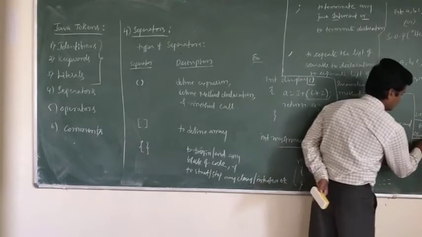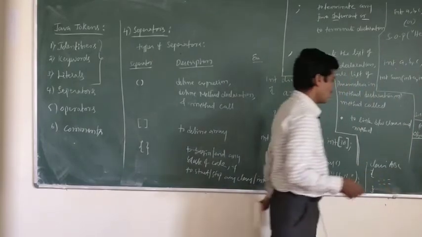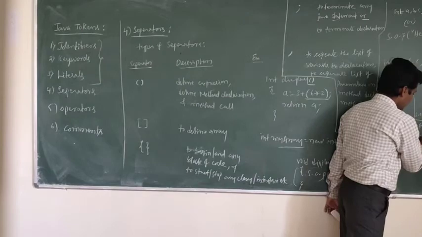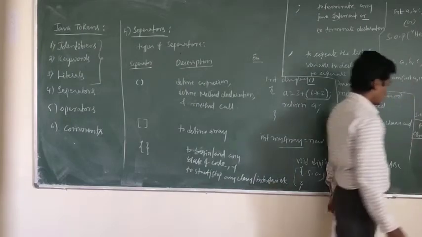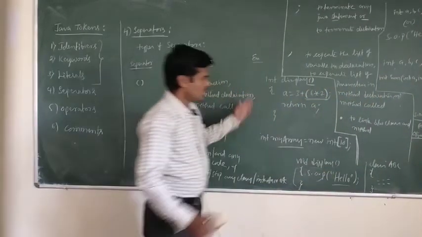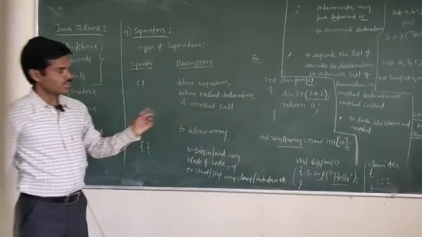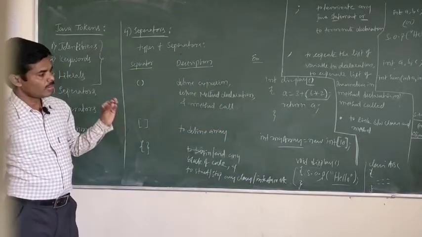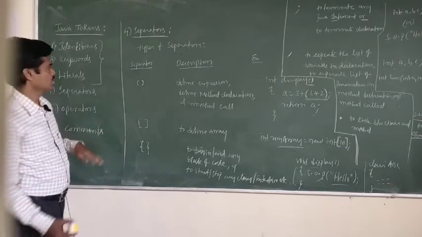Here object is a class and sum is a method. So class and method we are going to link together by using the dot operator. So like this we can link together, or concatenate, to call any method from the class.